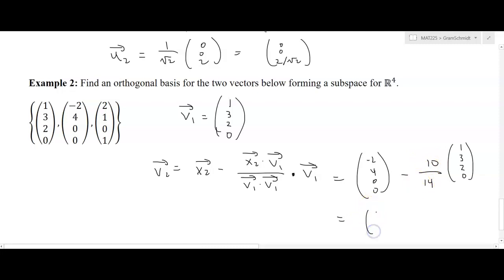So if I take negative 2 minus 5/7 times 1, 4 minus 5/7 times 3, that'll be 15/7. And then 0 minus 5/7 times 2, which will be negative 10/7. And when we evaluate this, we should have negative 19/7, and here that will be 28/7 minus 15/7 is 13/7, and negative 10/7.